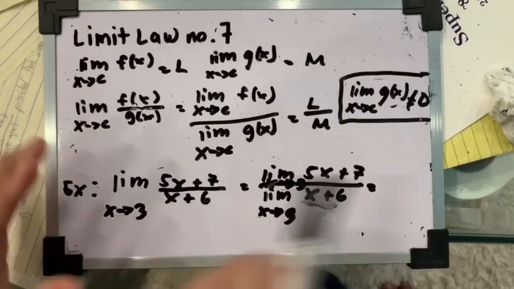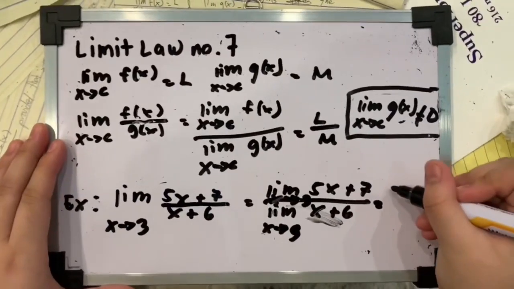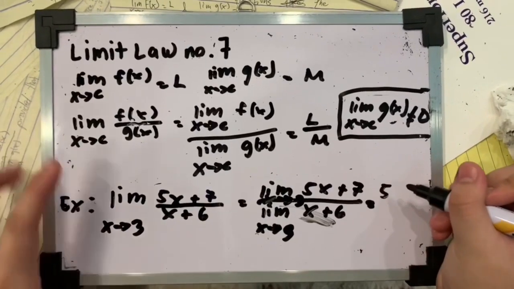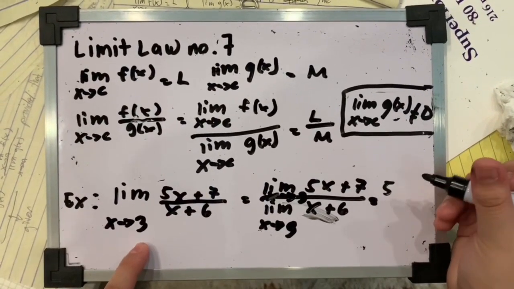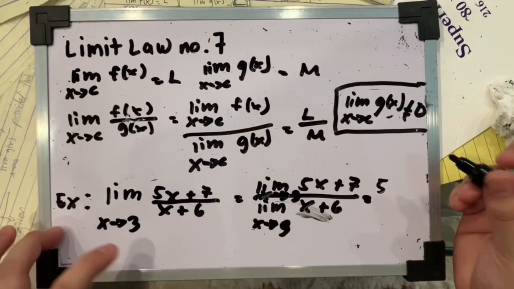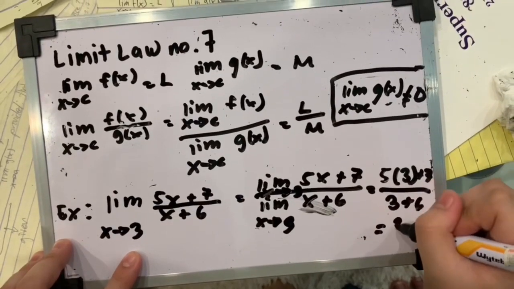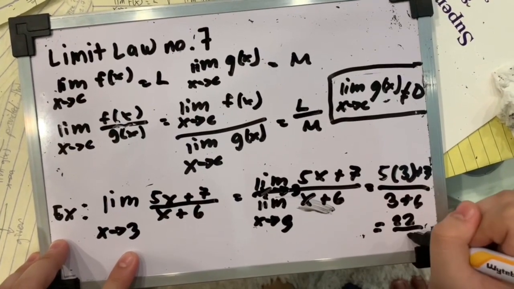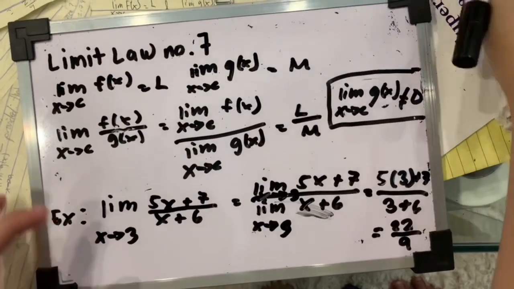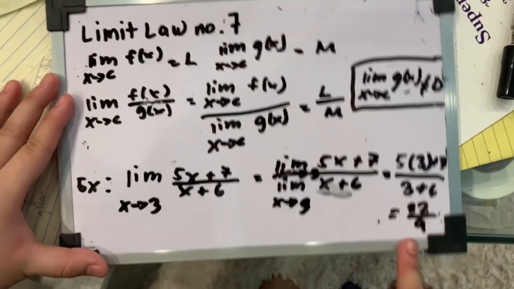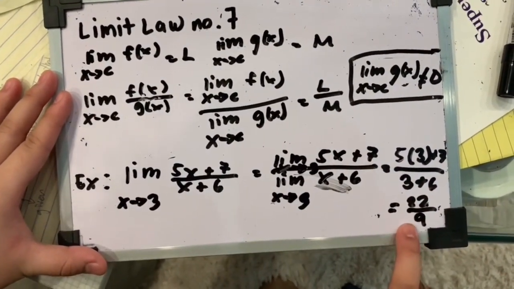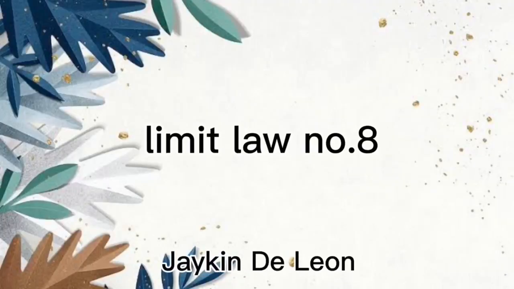So, 5x, copy yung 5, then substitute natin yung ina-approach ng x, yung 3. So, plus 7, then over doon sa x, ulit yung 3 plus 6. So 15 plus 7 is 22, over 9. Ayun lang yung pinakasagot. Hindi na siya i-simplify.